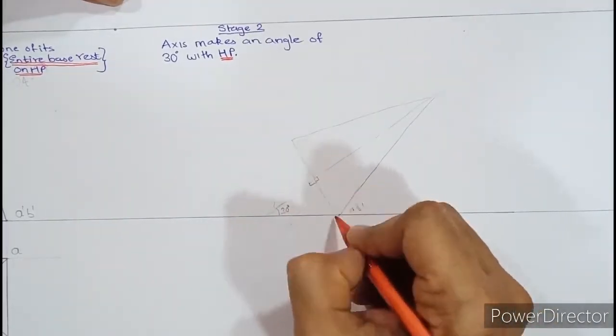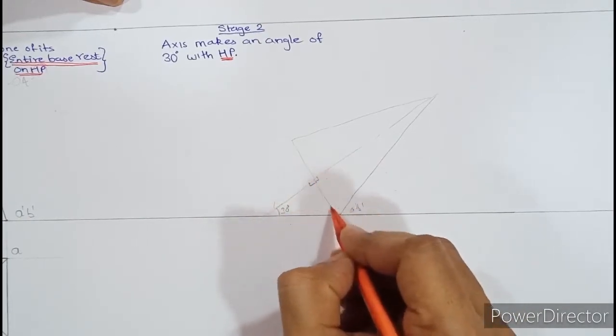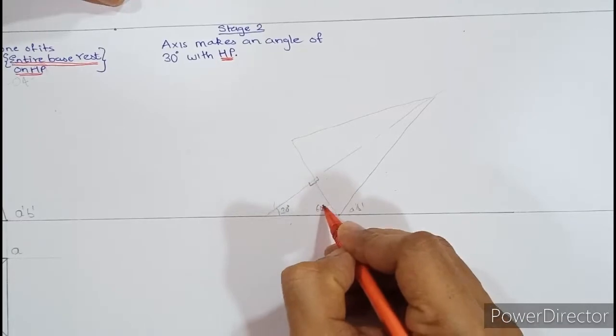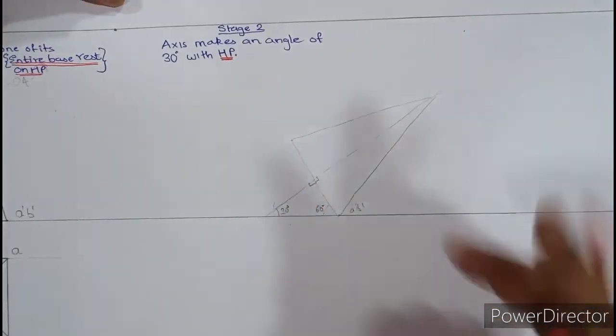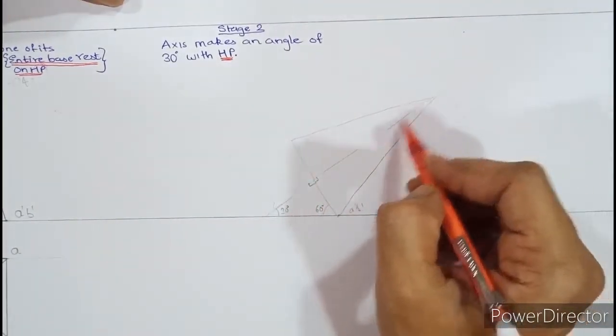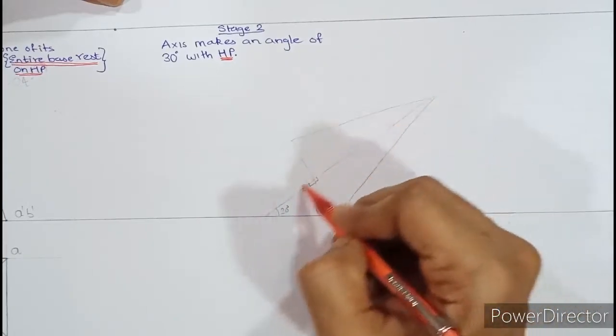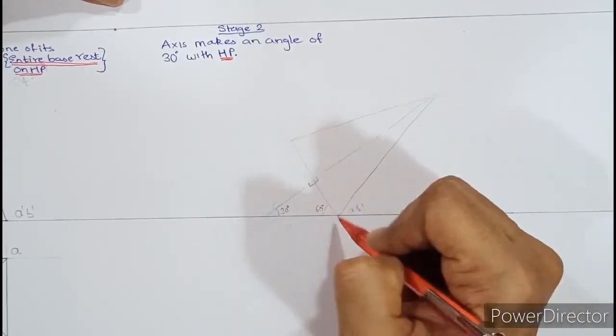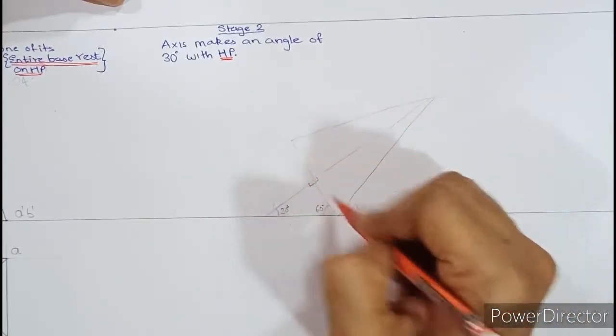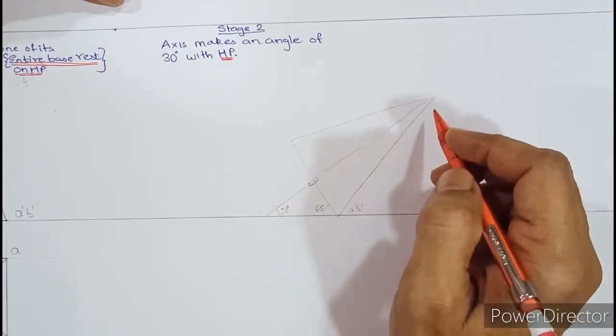If you look at this triangle which is formed below, if this is 30, this is 90, so this has to be 60. So whenever in the question they mention in the second stage that the axis makes 30 with HP, you have to immediately understand that the base will make 60, because axis and base are always perpendicular.